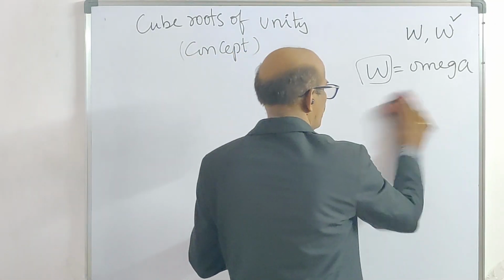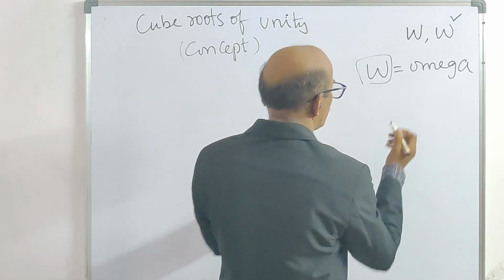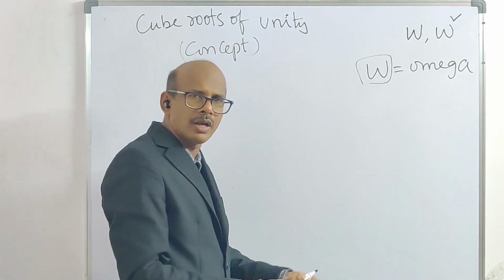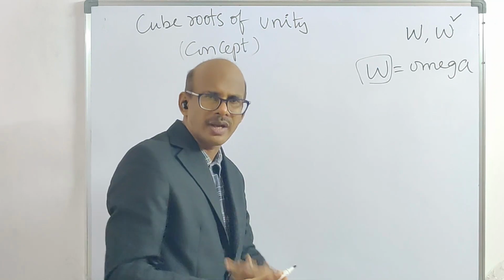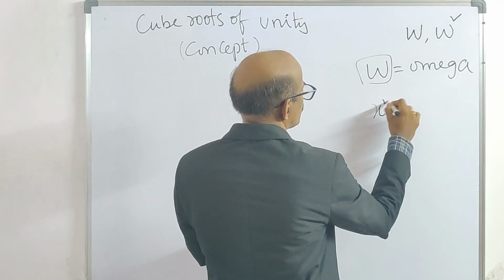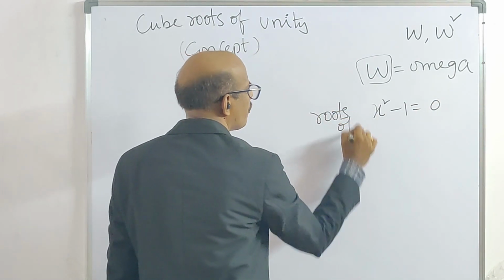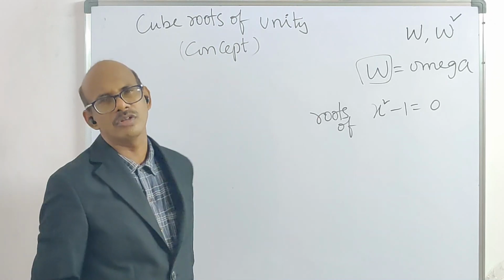The chapter is very simple if you concentrate in our discussion and participate with me, with a good interaction between you and me. Suppose a simple example: the roots of x square minus 1 equal to 0.